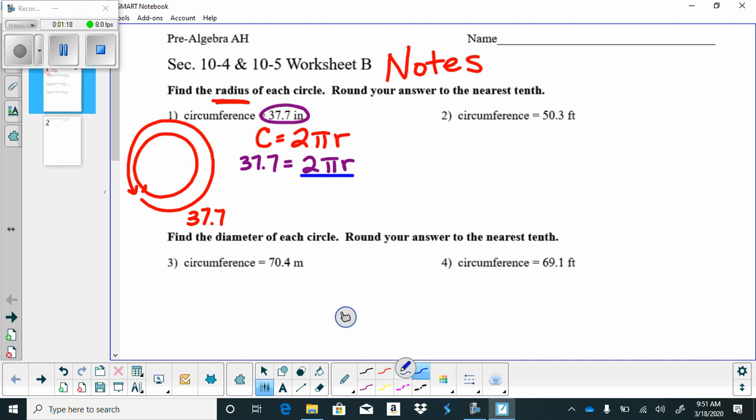That's 2 times pi times r. So if you divide by 2 pi, remember 2 divided by 2 is 1 and pi divided by pi is 1. So that gives you r by itself. Now here's the trick. You are typing this into your calculator. So take your calculator, type it in.